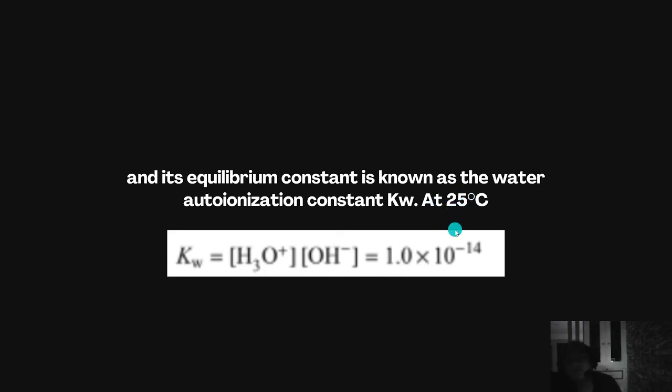If the temperature changes, if the given problem or equation has a different temperature, its value will also change. Since 25 degrees Celsius is given, its value is 1 times 10 raised to negative 14. To make the steps clearer, I will play a video.